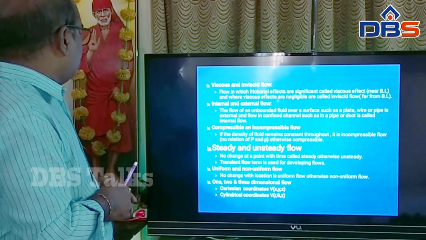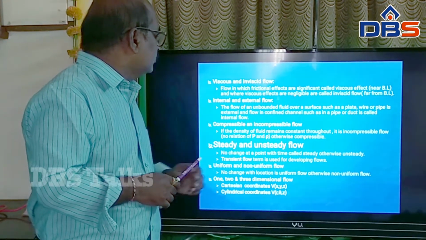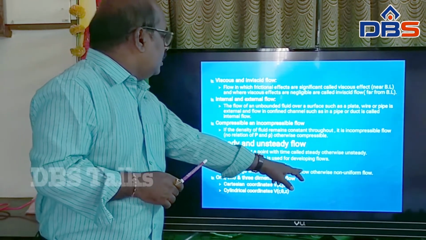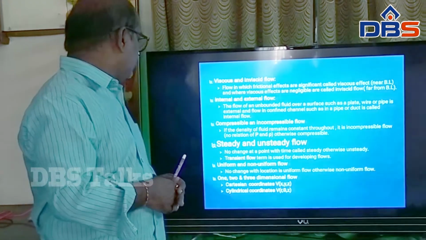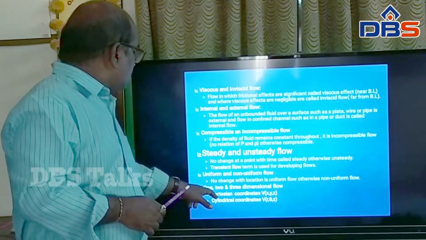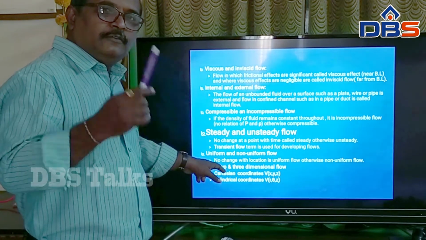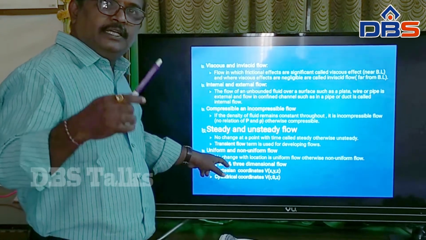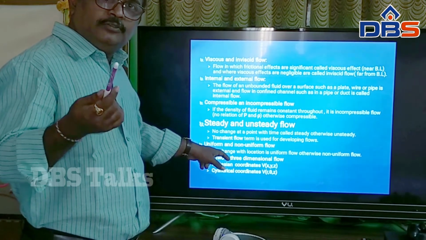And uniform and non-uniform flow: no change with the location is uniform flow, and if there is a change it is non-uniform. One-dimensional flow means the flow is only a function of x. If the flow is only a function of x and y, it is two-dimensional.